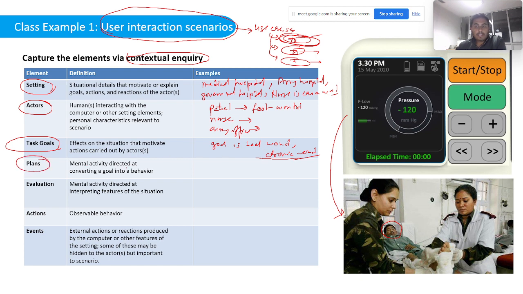Now planning. The wound healing nurse is analyzing that particular wound site, and she's making certain mental decisions. By looking at the wound site, probably she is thinking, okay, this is infected, then it needs cleaning, then it needs debridement, and then therapy 1 needs to be implemented.